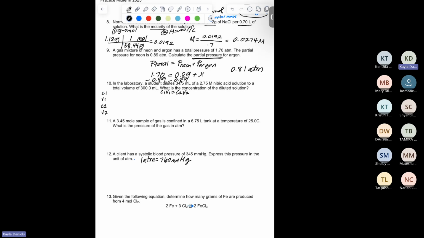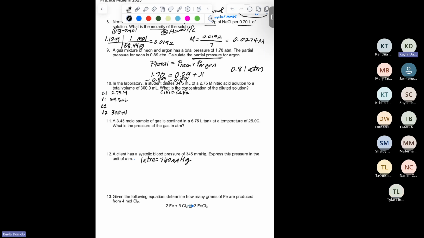So the student dilutes, so here's my initial volume, 34.5 mL of 2.75 nitric acid. That's my starting concentration. And to a total volume of 300, so this must be my final volume.